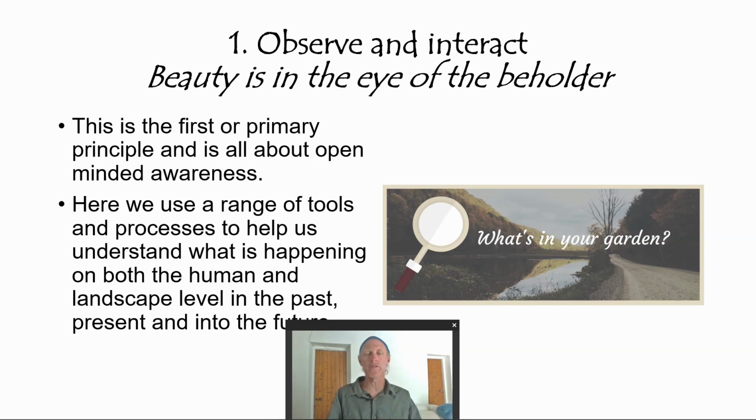And so to avoid this, we use a range of tools and processes to help us understand what's happening, both on the human and on the landscape level, both past and present and into the future, because if we have this knowledge, we can design effectively.